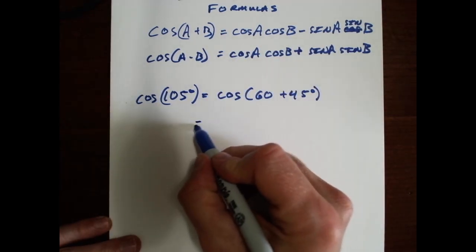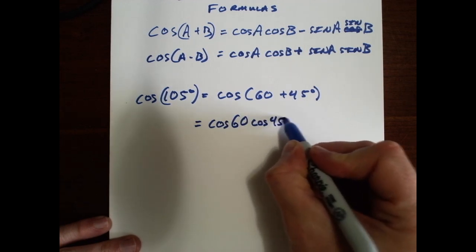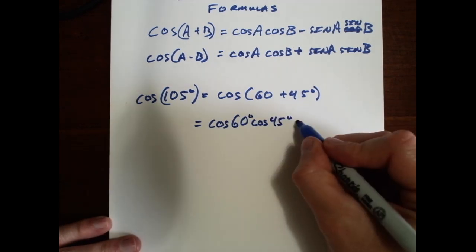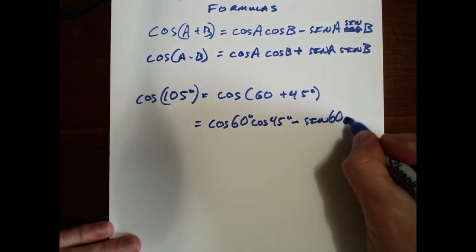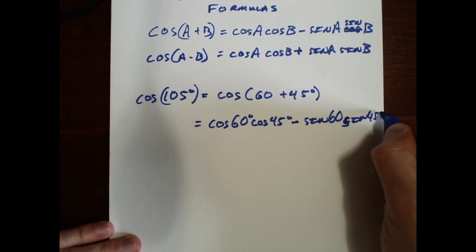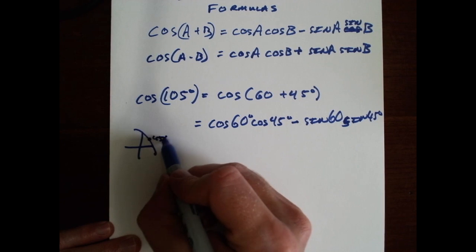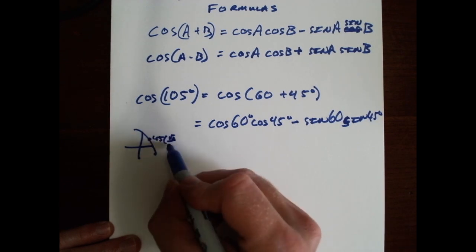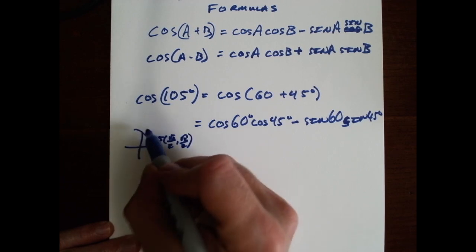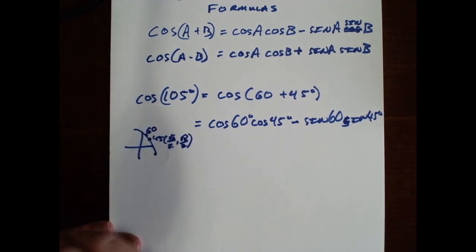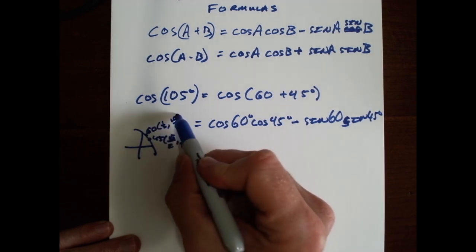That'd be cosine of 60 degrees, cosine of 45 degrees, minus sine of 60 degrees, sine of 45 degrees. I think about my unit circle, and here is 45 degrees, and the coordinates there are root 2 over 2 and root 2 over 2 for x and y. And there are 60 degrees, which is 1/2 and root 3 over 2.